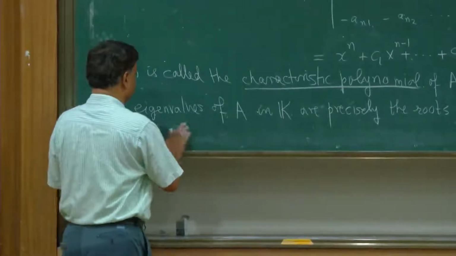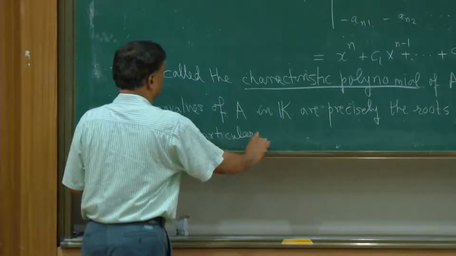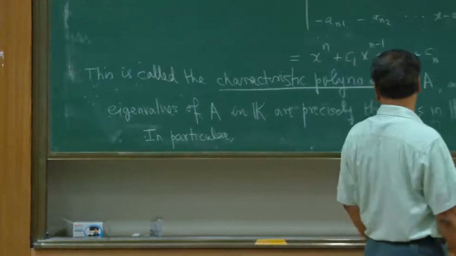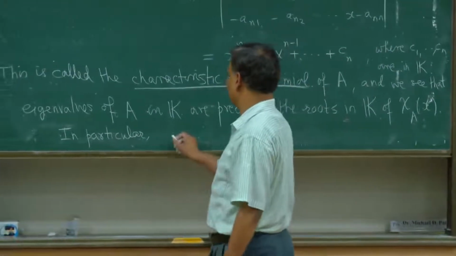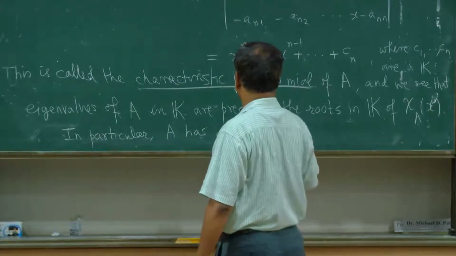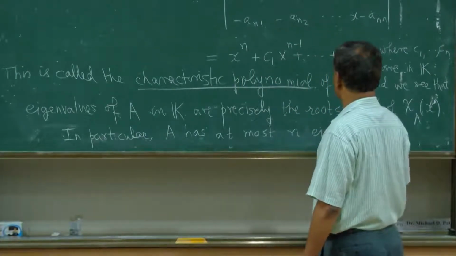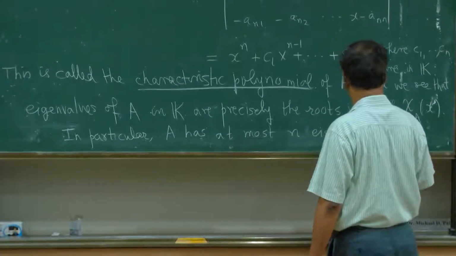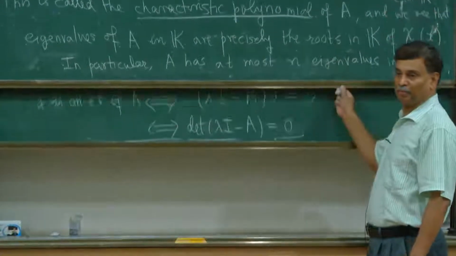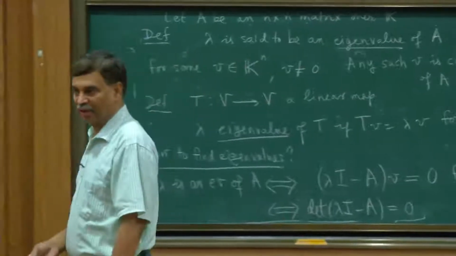In particular, because it is a monic polynomial, meaning the leading coefficient is 1, it is a non-zero polynomial. So A has at most n eigenvalues in K, because a polynomial of degree n over a field has at most n roots in that field.